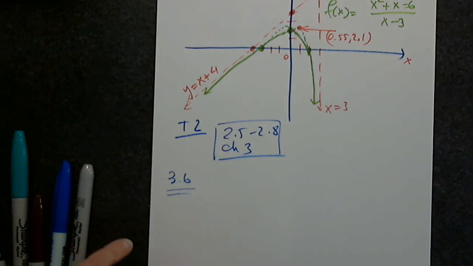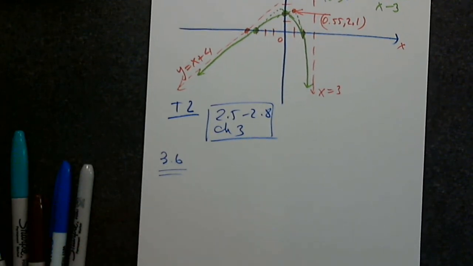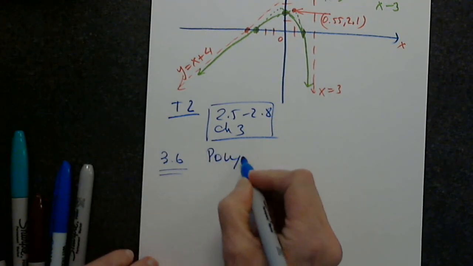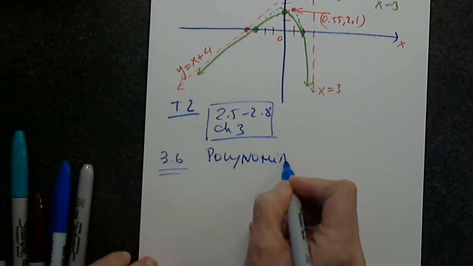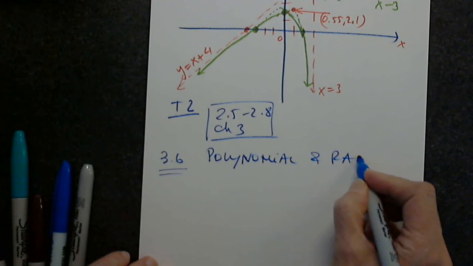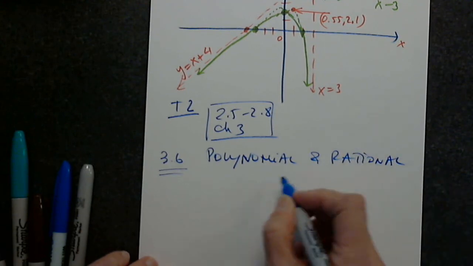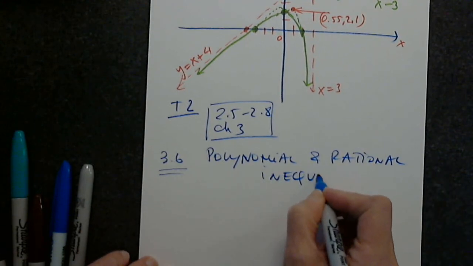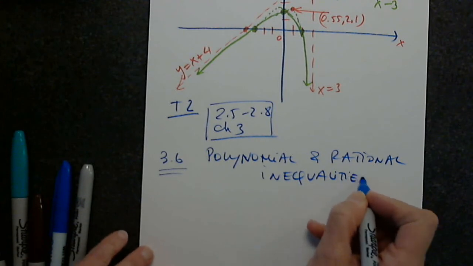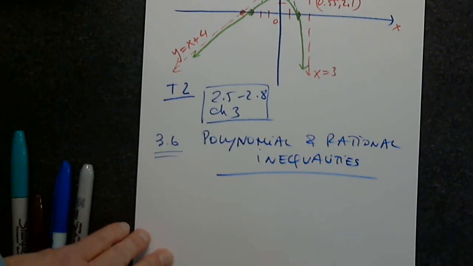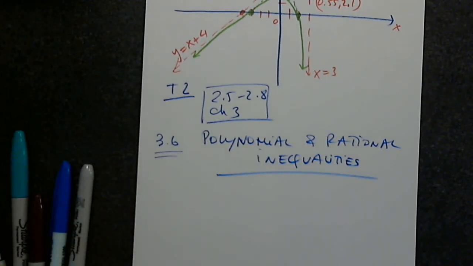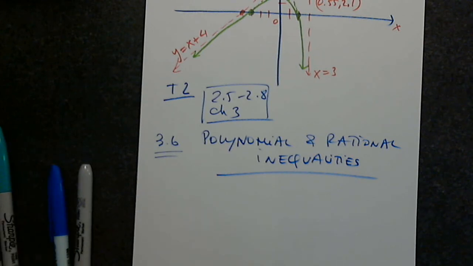Okay, so 3.6 is the last section before test 2, and it deals with polynomial and rational inequalities. I'm going to make 2 inequalities up, and then we can choose other problems from the book.